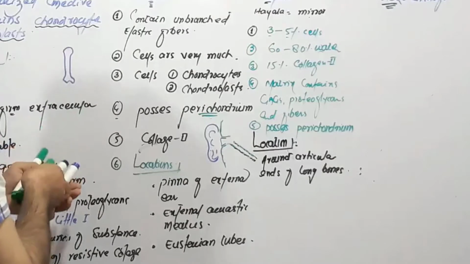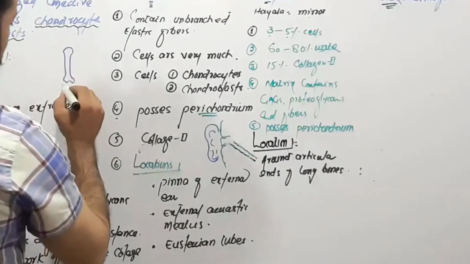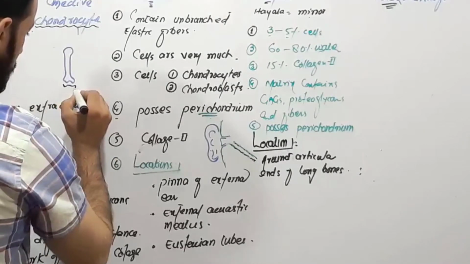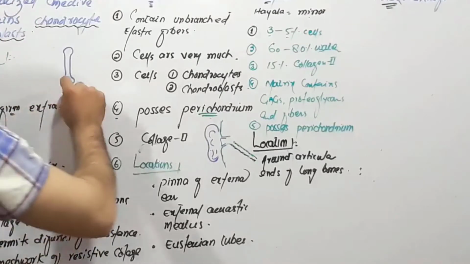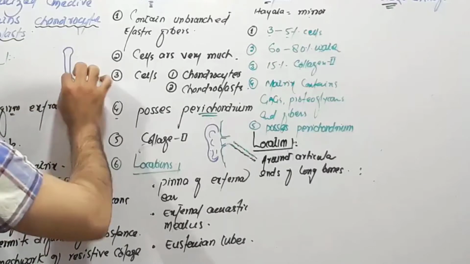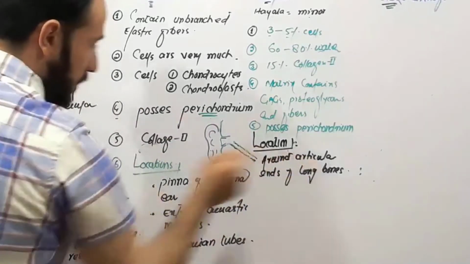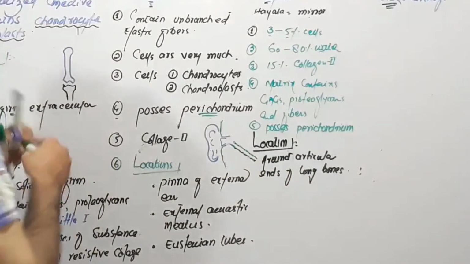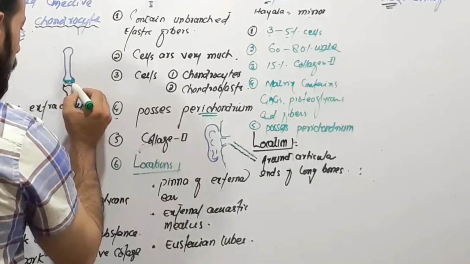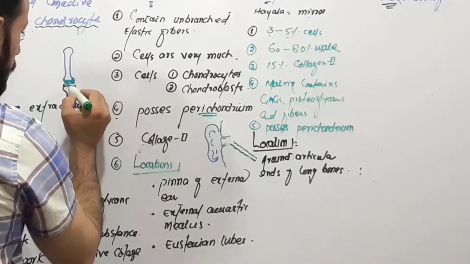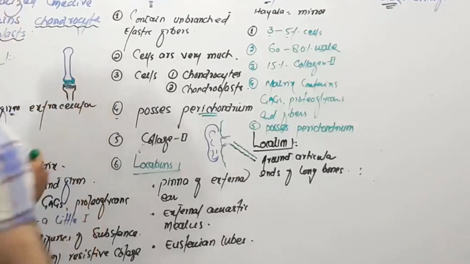And here is another bone, like this. So both of them are making a joint, that's why we call them articular.